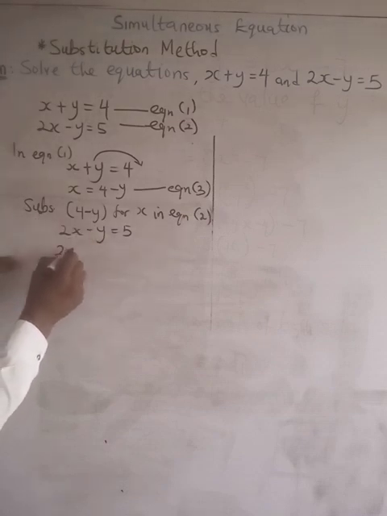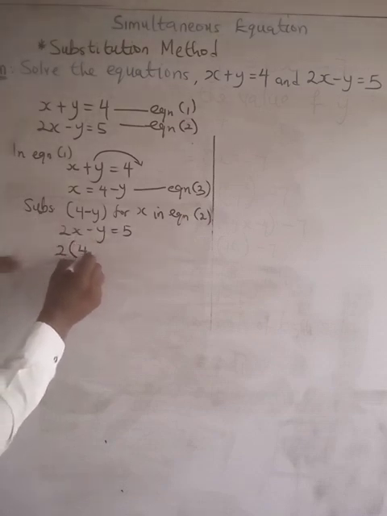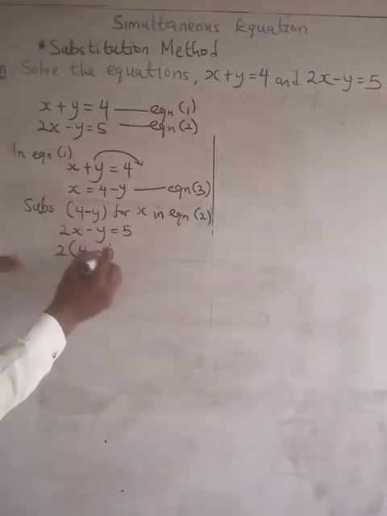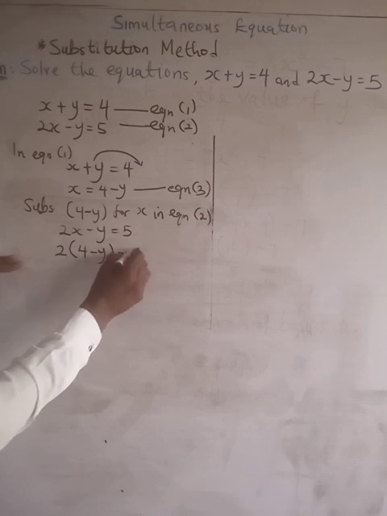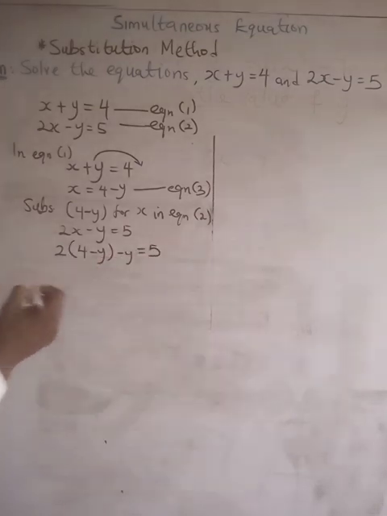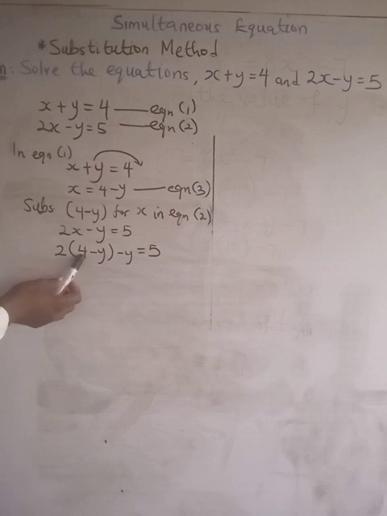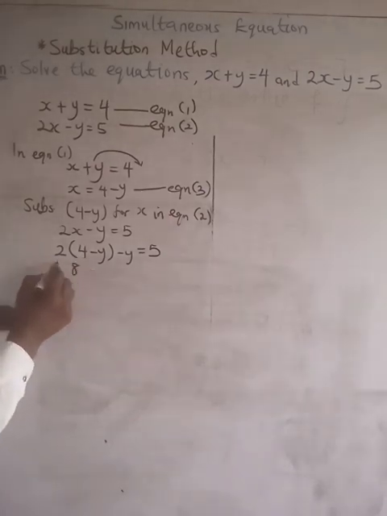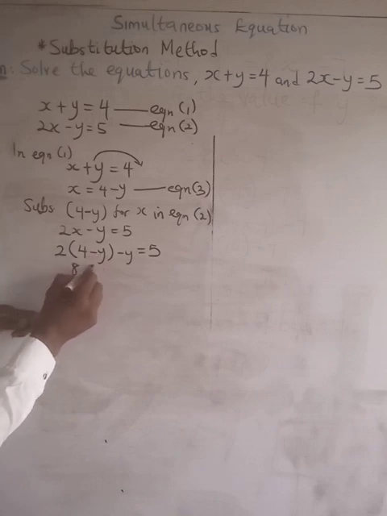So we have 2, 4 minus y in bracket in place of x. Then we still have minus y equals 5. So in order to remove the brackets, we're going to multiply what is outside the bracket by the terms in the bracket. So 2 times 4 is going to give us 8, and 2 times y is going to give us 2y.